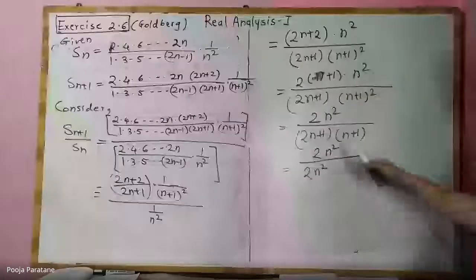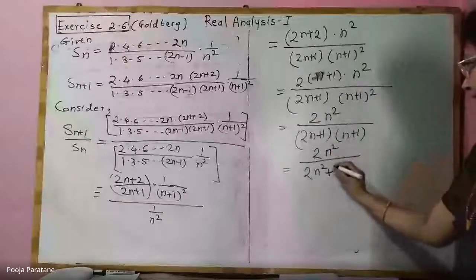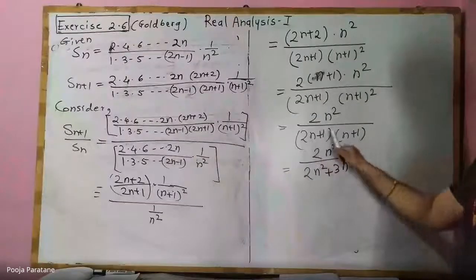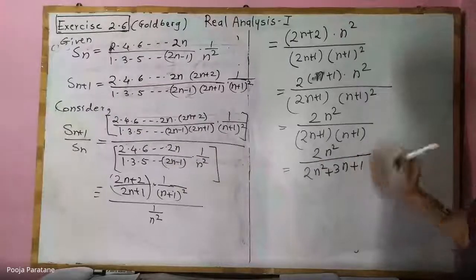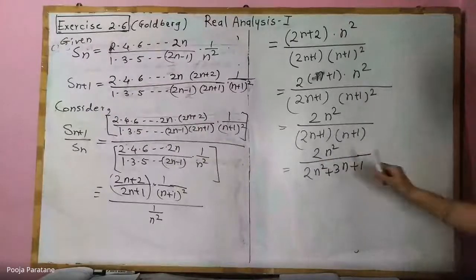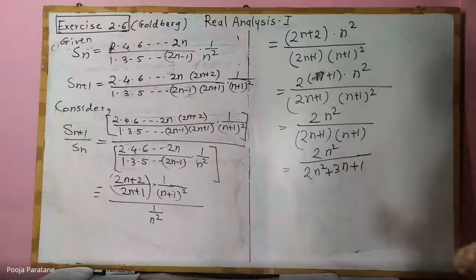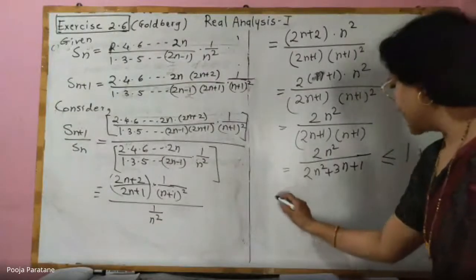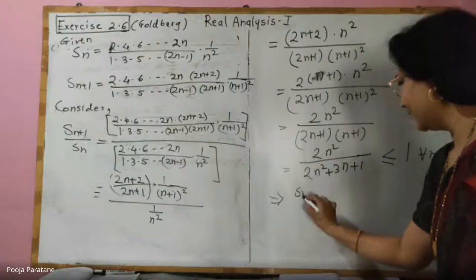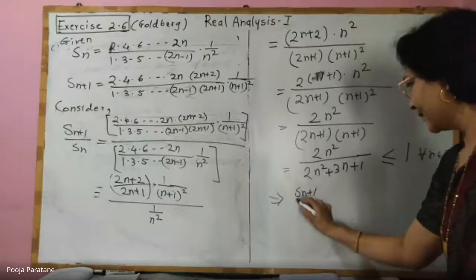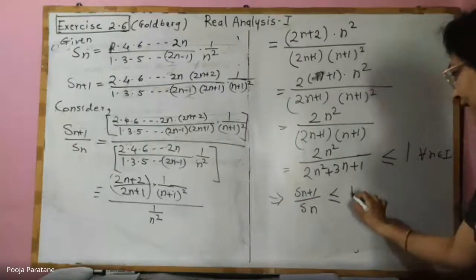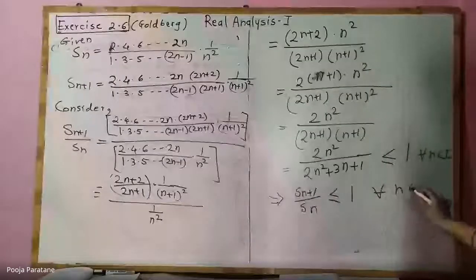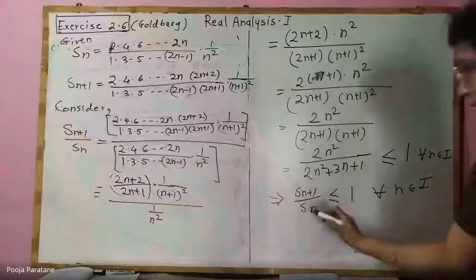Here it is clear, actually it is less than 1, but let us see. Then the product is 2n square plus 3n plus 1, that is 2n plus n plus 1. So here it is clear that the denominator is greater than the numerator. Therefore, this ratio is less than or equal to 1 for all n belonging to I. So this implies Sn plus 1 upon Sn is less than or equal to 1 for all n belonging to I. So what is the conclusion?